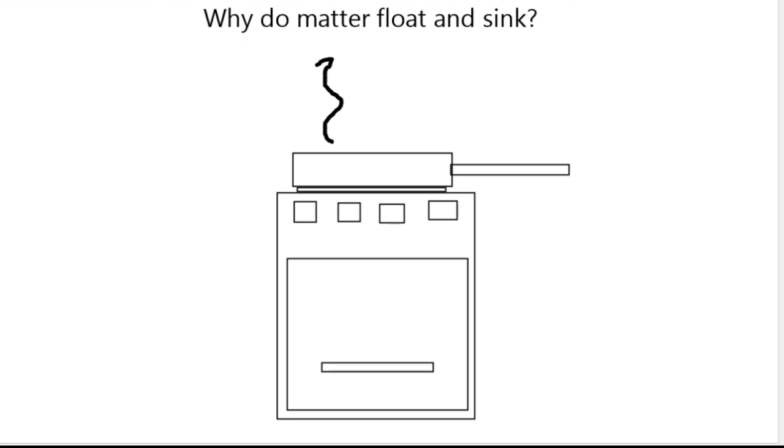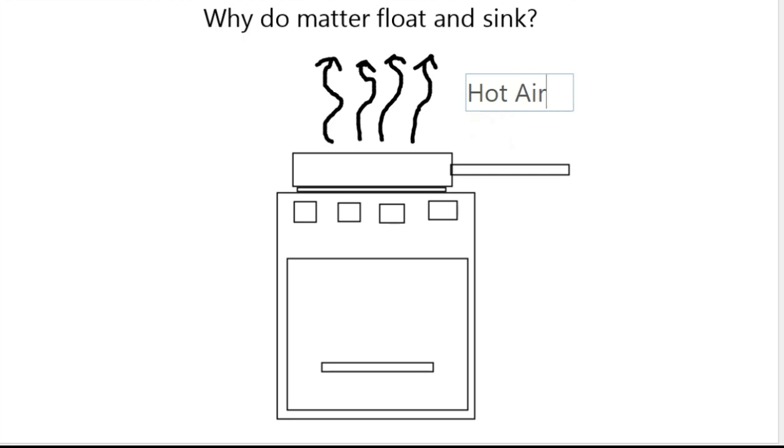Now let's say we're cooking something on a hot stove. The thing that rises is hot air, and the thing that goes down is the cold air. So hot air rises and cold air sinks. Why does hot air rise?